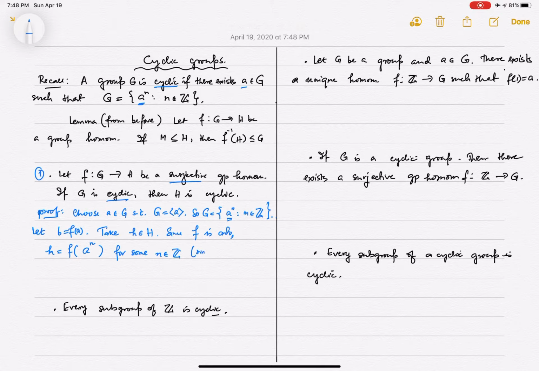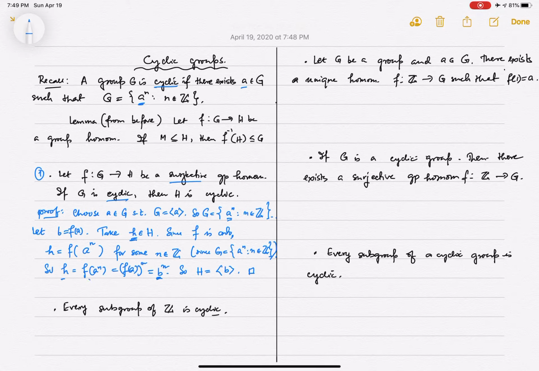So h is the same as f of A to the power n, which is B to the power n. So h is some power of B, so H is generated by B. You showed that every element of capital H is some power of B.